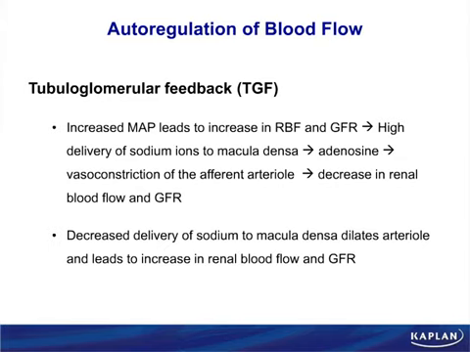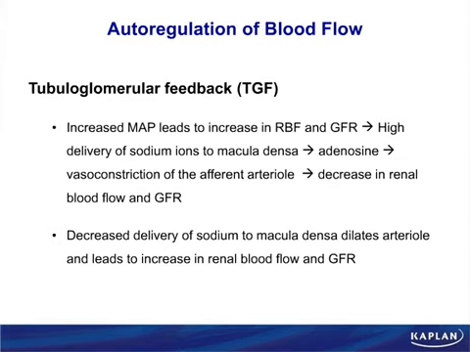I want to make a very important point here. You learned that in the heart, adenosine vasodilates the coronary arterioles, and that is true. However, in the kidneys, adenosine vasoconstricts the afferent arterioles.